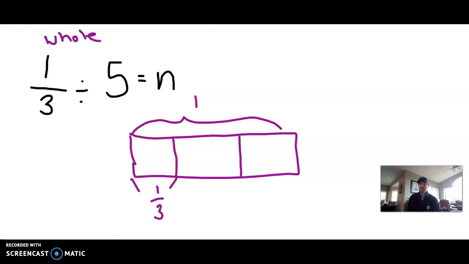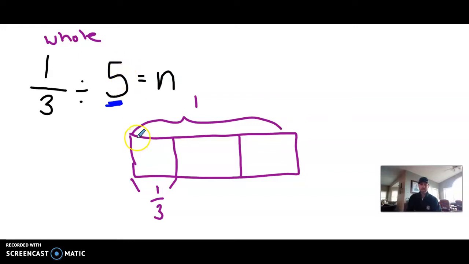And I want to divide or decompose it into 5 parts. So maybe I'm giving 1 part to Harper, 1 to Emerson. I'm going to give 1 to myself, that's 3, and I'm going to give 1 to Emerson's mom, 4, and I'm going to give 1 to the dog.